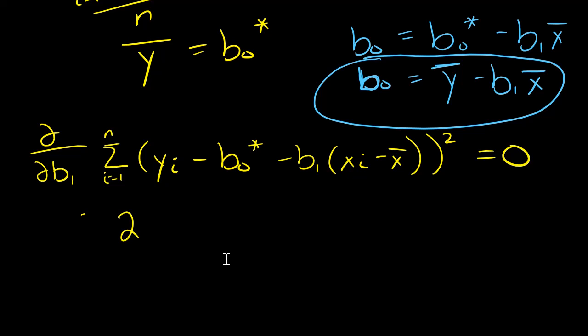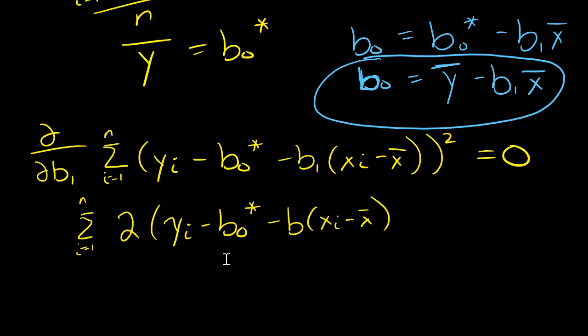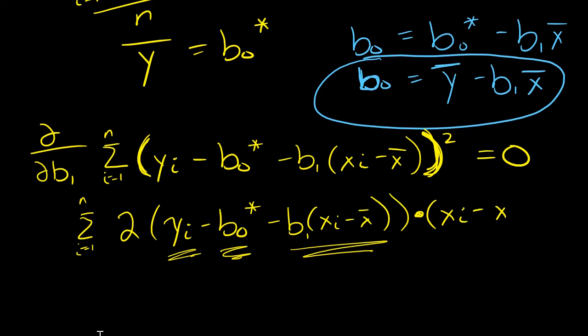So we have 2, I still have the sum out front, yi minus b naught star minus b1 times x sub i minus x bar, times the derivative of the inside of these parentheses with regards to b1. The derivative of the first piece with regards to b1 is 0, the second is 0, and then the derivative of this last piece with regards to b1 is just x sub i minus x bar.